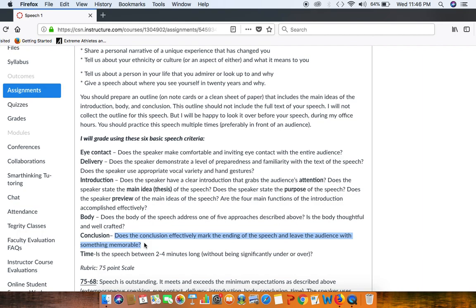And so you want to have some kind of conclusion that goes out with a bang rather than a whimper or fades away or having you say that's it, right? The conclusion should say that's it without you saying that's it. And then, so an introduction, a body, and conclusion.